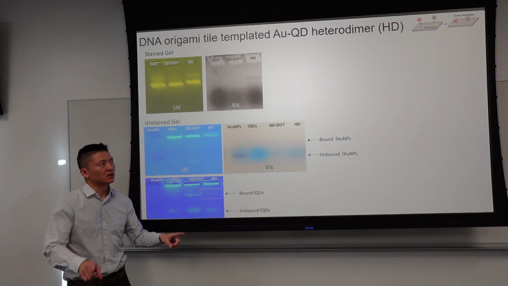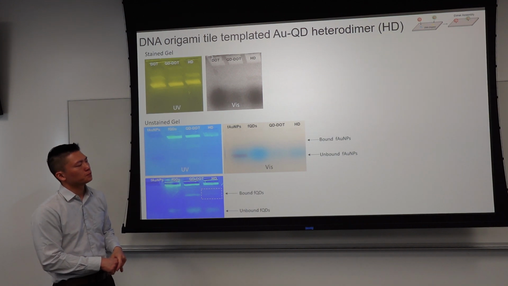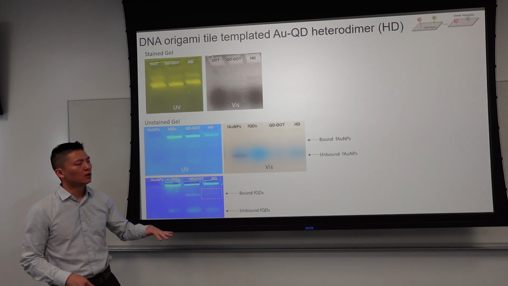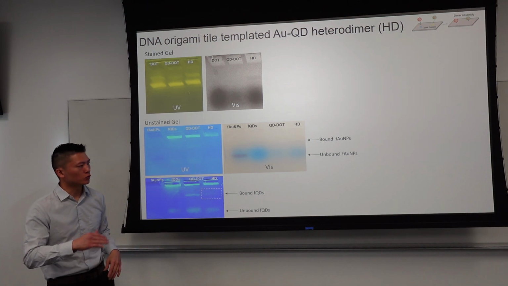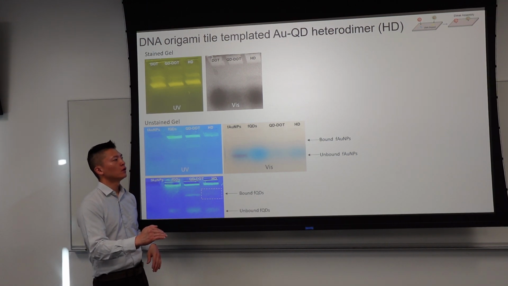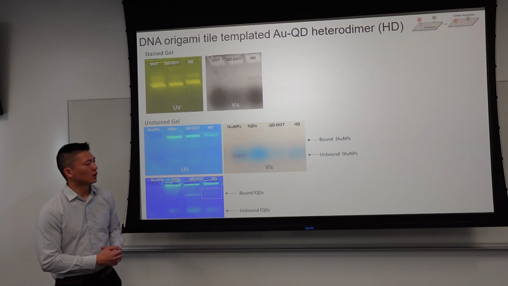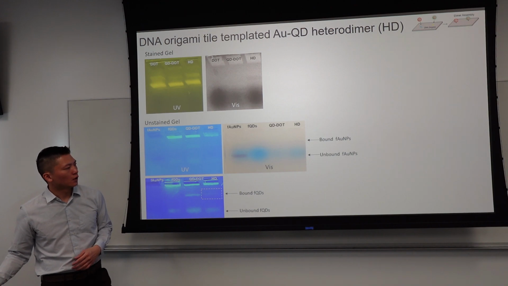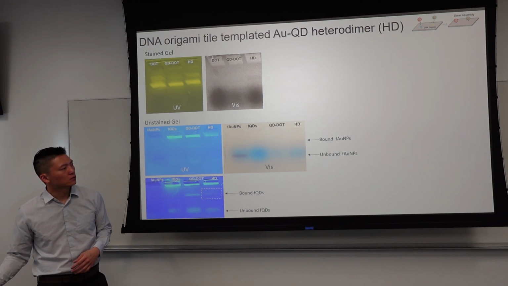Now, because they are near each other, they may be quenching. However, we do expect to have some tiles with only quantum dots and also some tiles with only gold nanoparticles. It should be sort of a yield of each of these as side products.